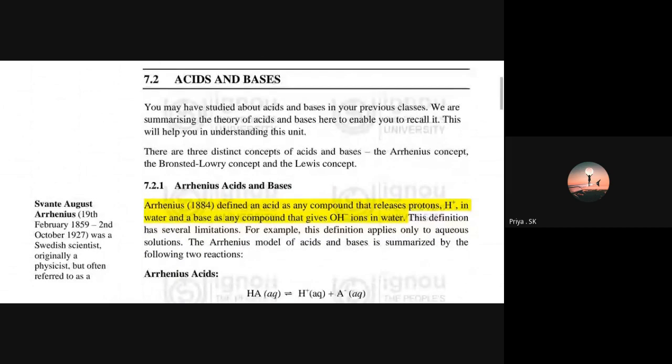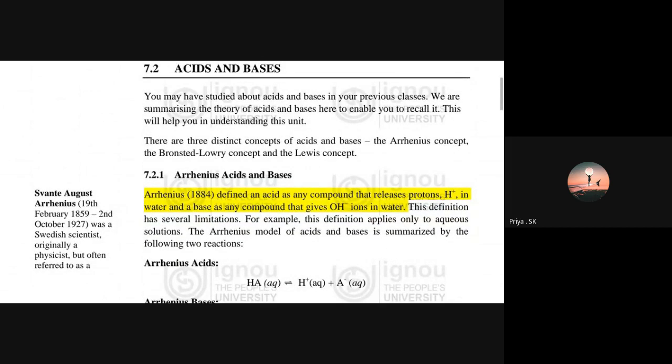So first, what is Arrhenius acids and bases? Arrhenius defined an acid as any compound that releases protons, that is H plus. H plus is hydrogen atom without any electron, that is protons, H plus, in water, and a base as any compound that gives OH minus ions in the water.